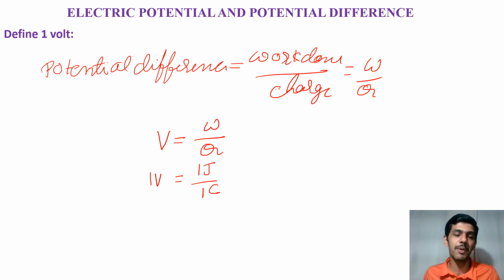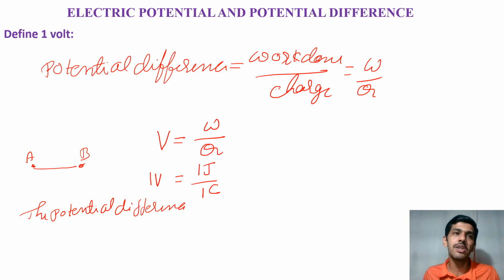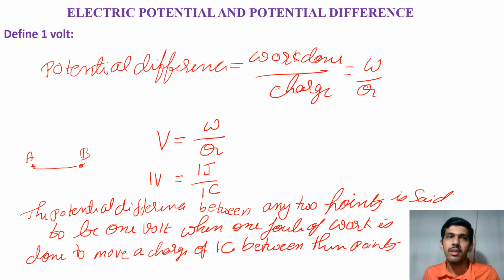1 volt is nothing but a potential difference. Let us assume that these are the 2 points A and B. The potential difference between any 2 points is said to be 1 volt when 1 joule of work is done to move a charge of 1 coulomb between these 2 points.